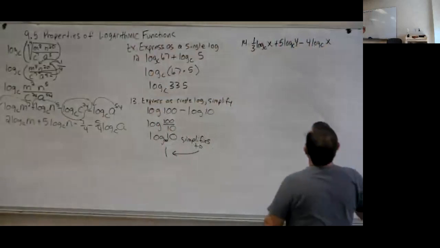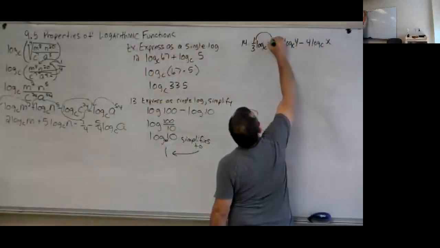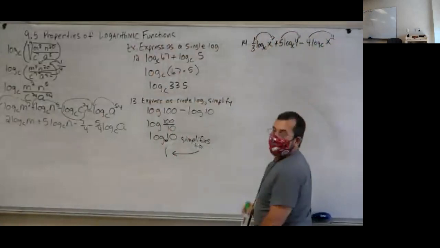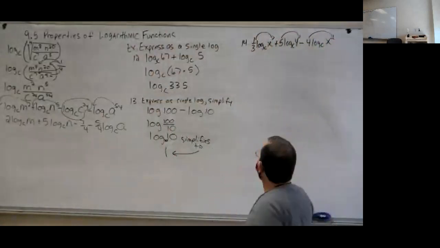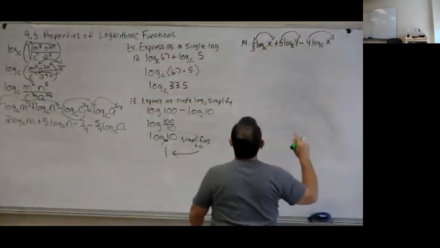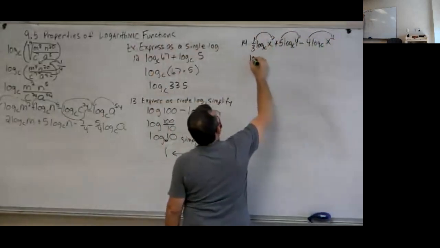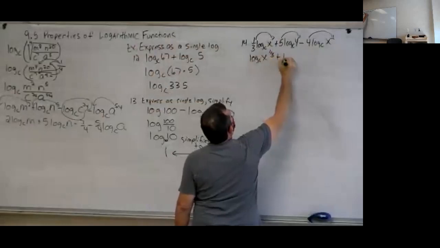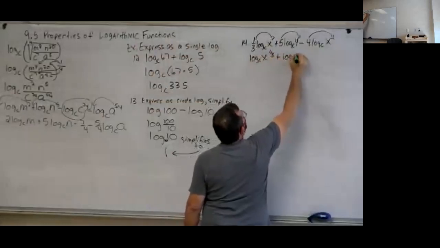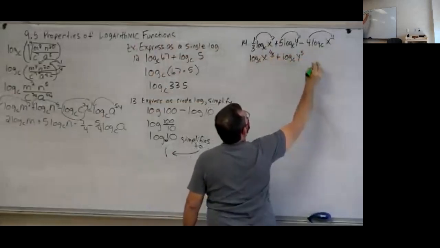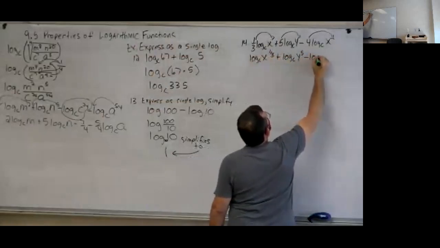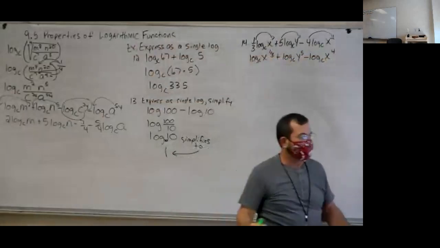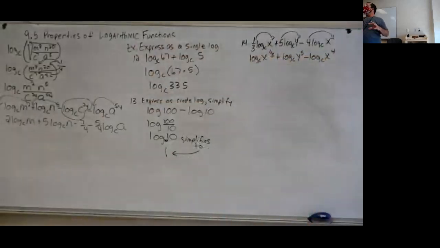So the first thing I'm going to do is take all these exponents and move them up. Okay? So that I get a log C of X to the 1/3 plus a log C of Y to the 5th minus a log C of X to the 4th. So bring all them exponents up.